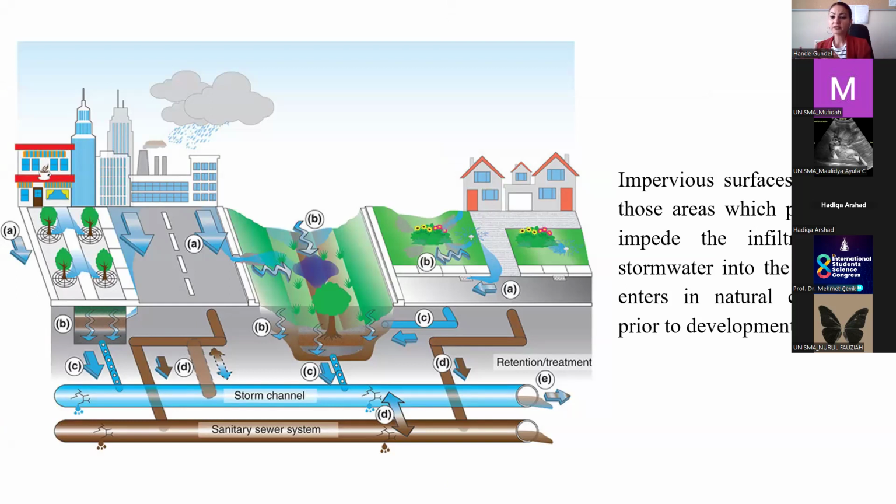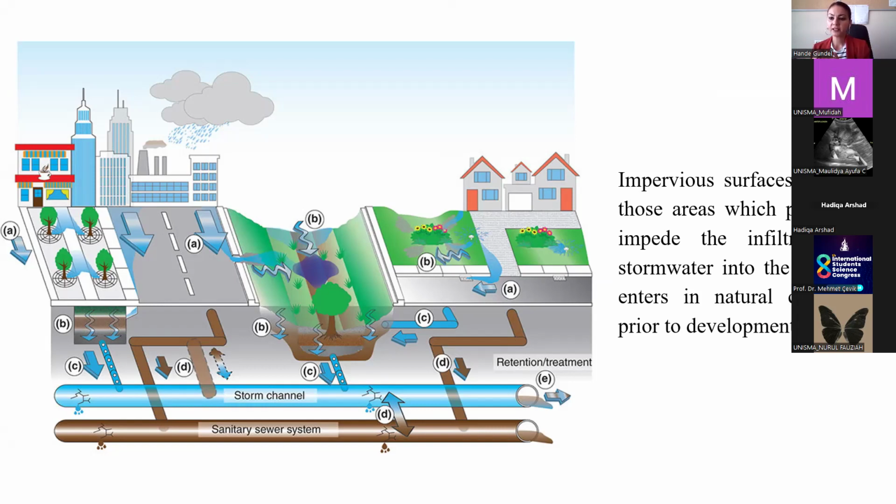Impervious surfaces refers to those areas which prevent or impede the infiltration of stormwater into the soil as it enters in natural conditions prior to development.